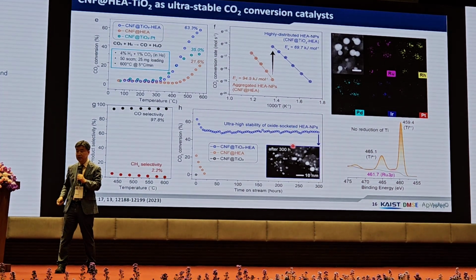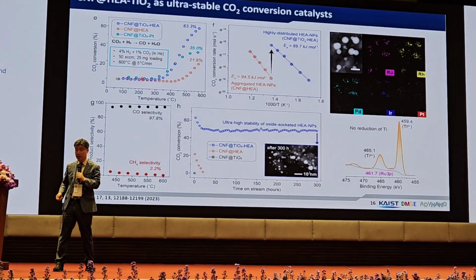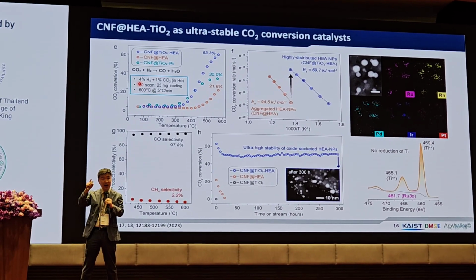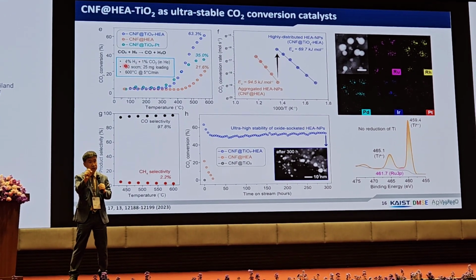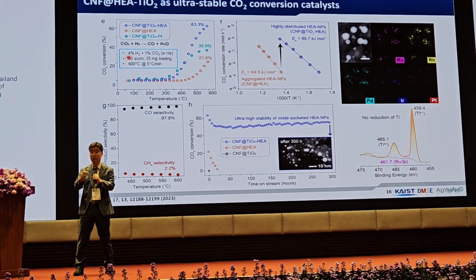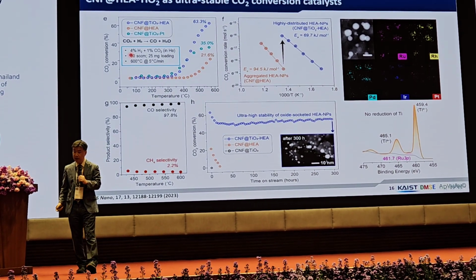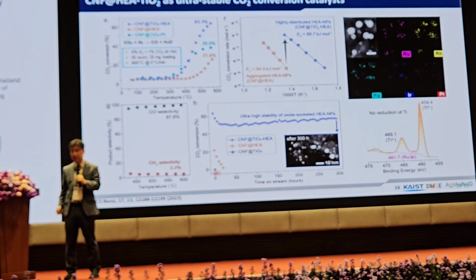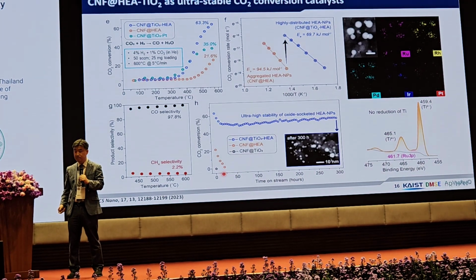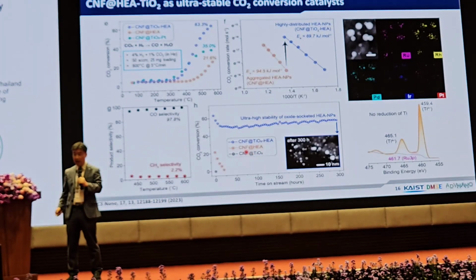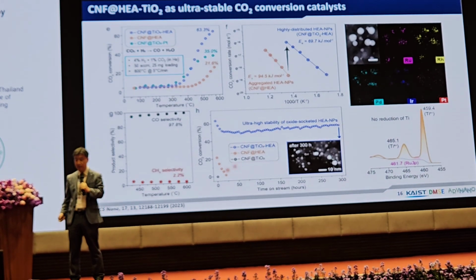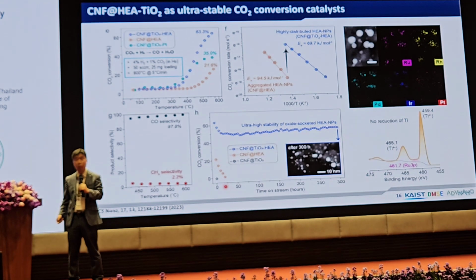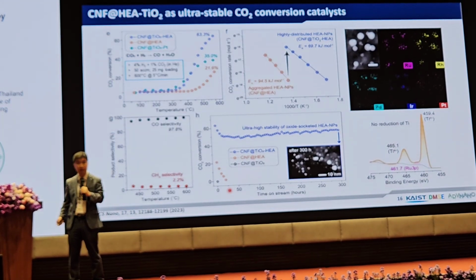Actually, this CO2 conversion occurred at 600 degrees C, a fairly high temperature considering such a small particle, 2.4 nanometer, right? Then, as you can see here, without the titanium oxide catalyst, there is no CO2 conversion. With only high entropy alloy particle decorated CNF, they show a small conversion efficiency, 20%, but one day later, they are gone, right?